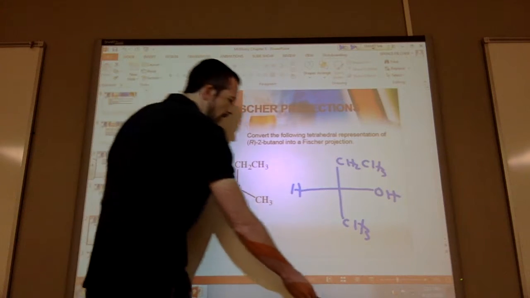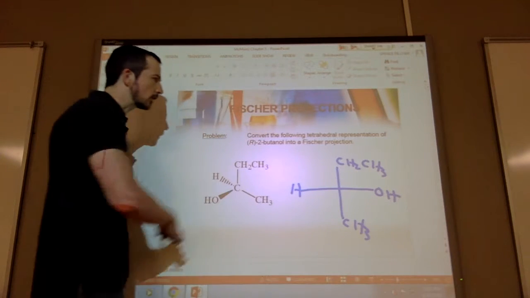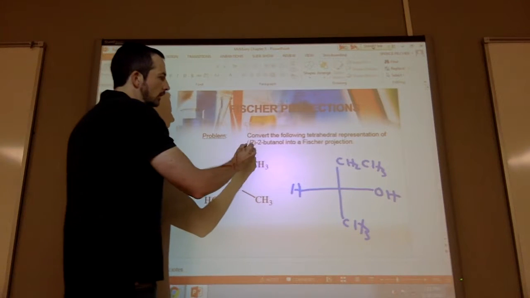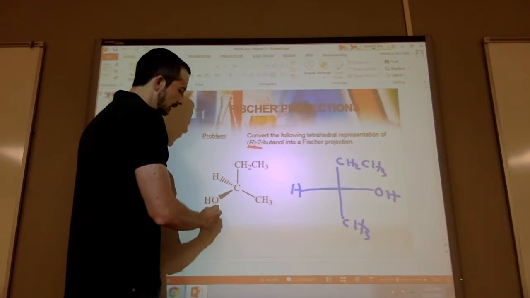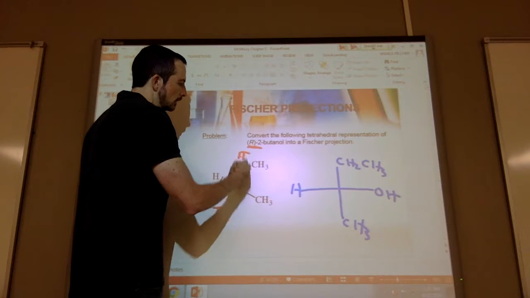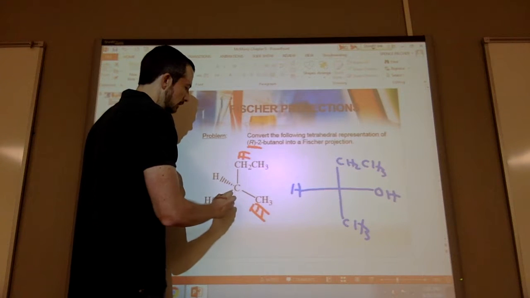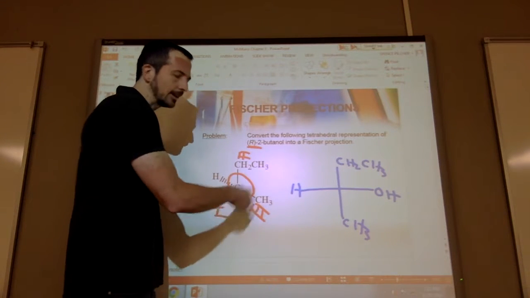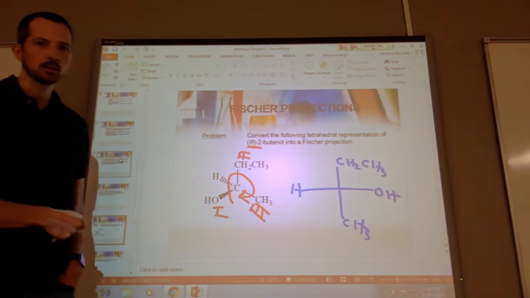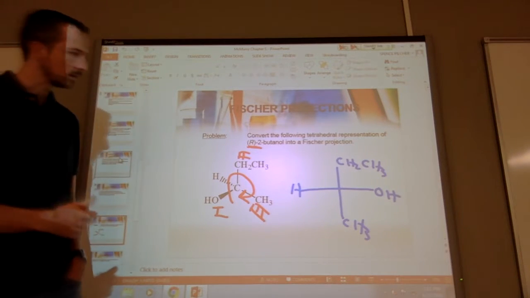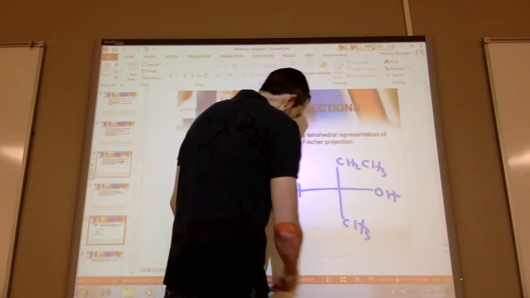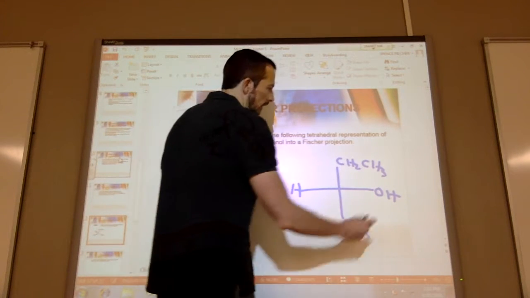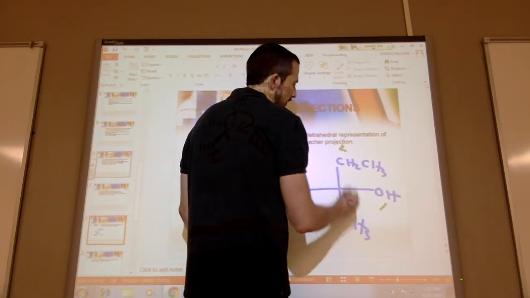So I can do R and S configuration, check my work, make sure that's the correct Fischer projection for that. It says R-2-butanol, I can check that and say, okay, 1, 2, 3. Yeah, that's clockwise, my H is going back. That's R-2-butanol. I'll look at this one. Again, assign my priorities.